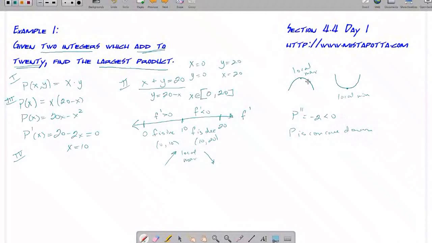And because we're concave down, that means that this is a local maximum. I can use either of these tests, and it basically depends on if it's easier for me to take the derivative once and substitute twice, or to take the derivative twice and substitute once. In any case, I know that x equals 10 will yield the largest product.